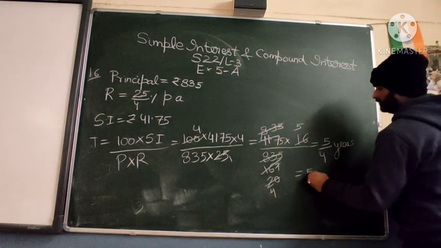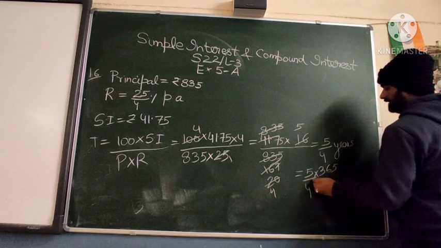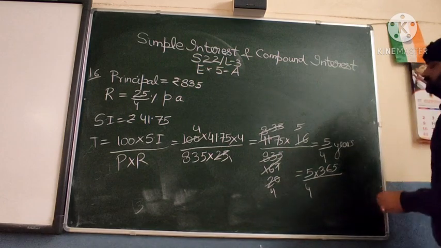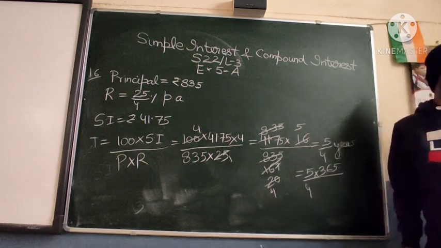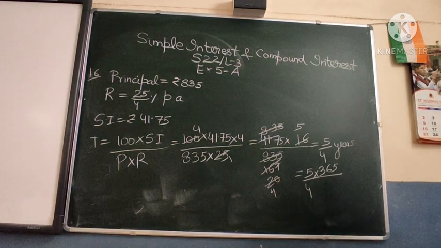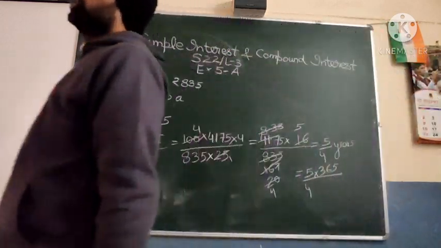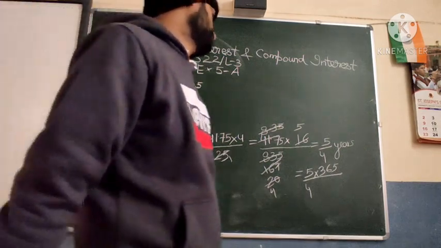So it equals 5 by 4 into 365. And how will this come? We multiply this and get 292 days.